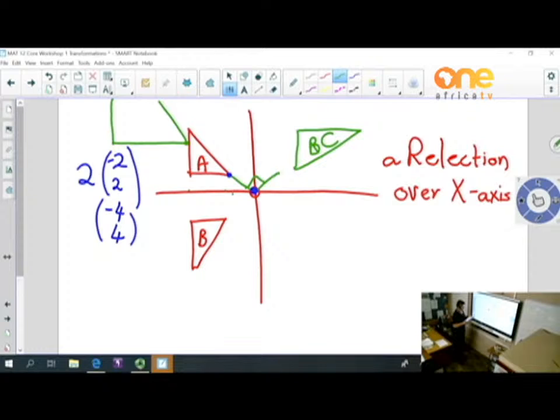The last one is translate A by the vector 6, -4, and label it E. Now, 6, -4 means 6 to the right, 4 down. So I start here, and I go 6 to the right, 2, 4, 6, and then 2, 4 down. So this is where it will start.